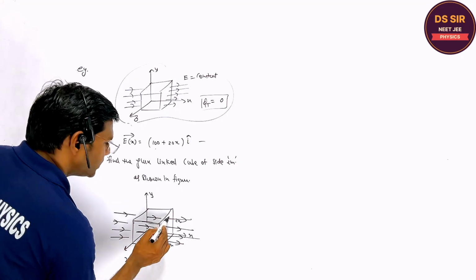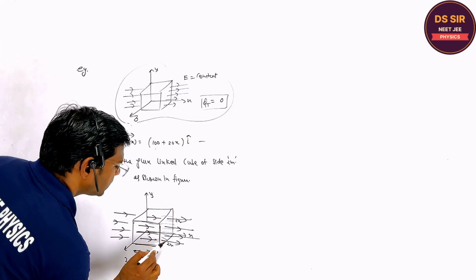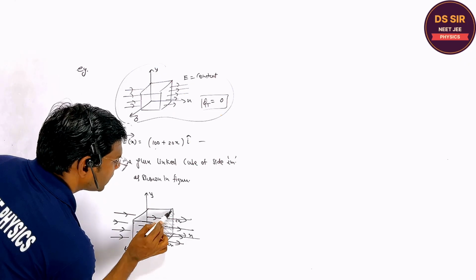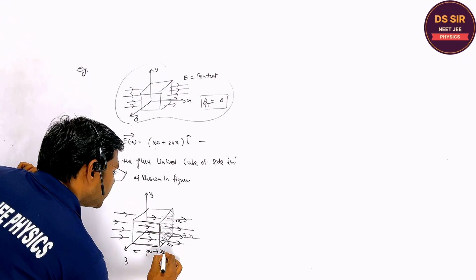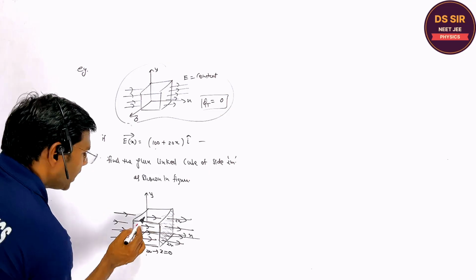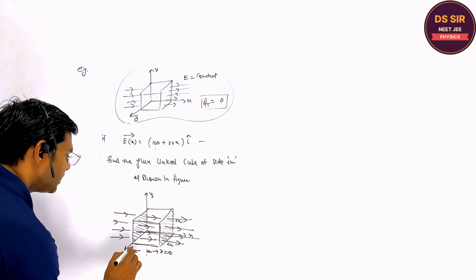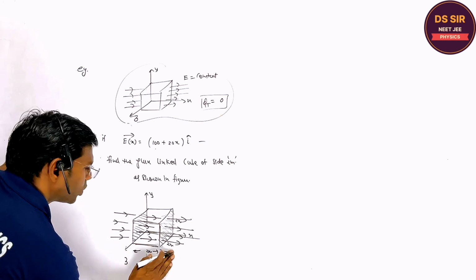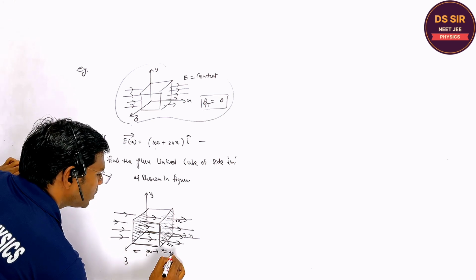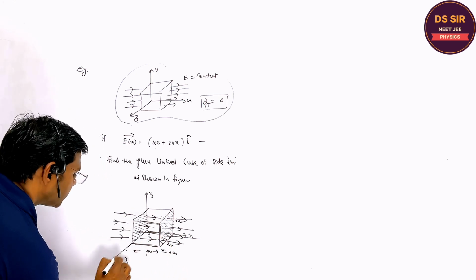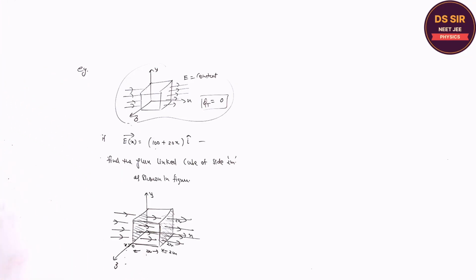So if you consider this is the face present at x equal to 0, and this face is present at x equal to 2 meter. Is it clear or not?